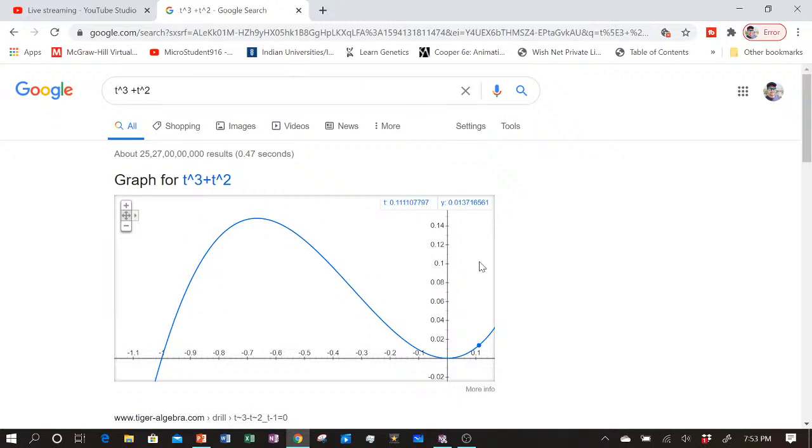That means it will not repeat itself after a certain time.